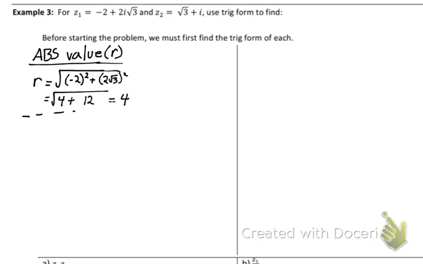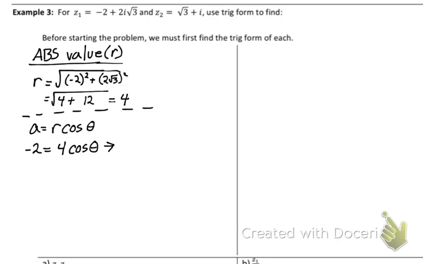The next thing I have to do is I need to find my theta. Well, I'm going to use that method that we came up with yesterday. That I know that a equals r times cosine of theta. Well, my a value is that negative 2. So we'll have negative 2 equals r is 4 times cosine of theta.